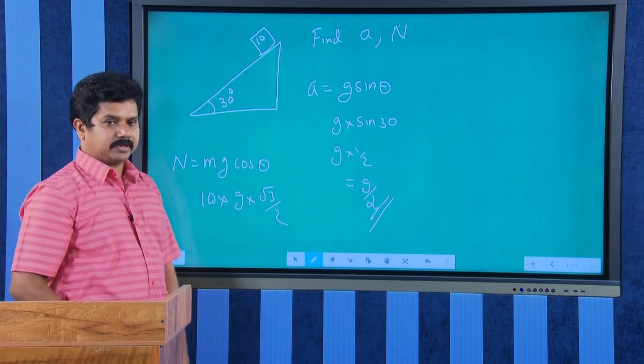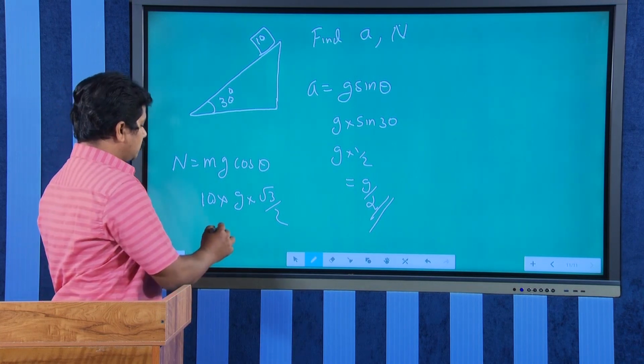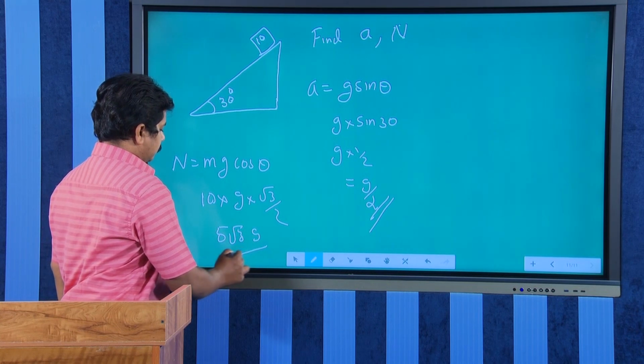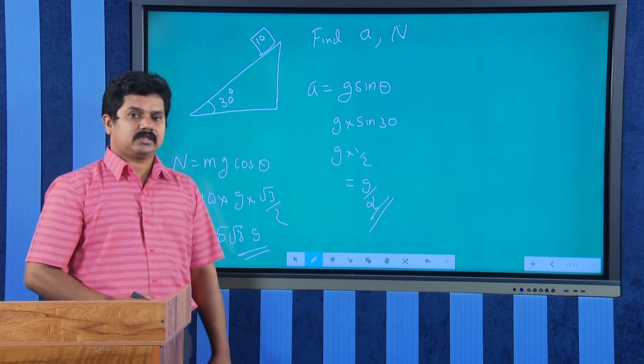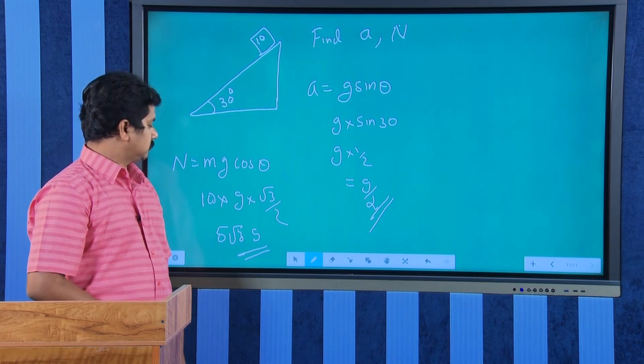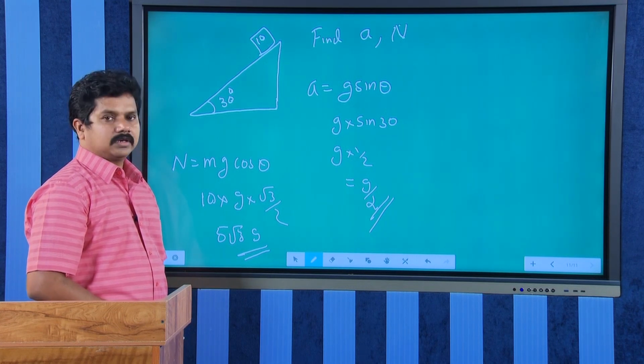So, that is 5 root 3 g, that will be the normal reaction in this case. Okay, 5 root 3 g. Clear?